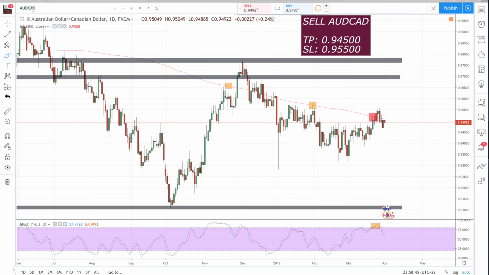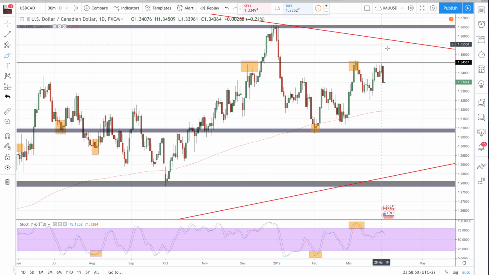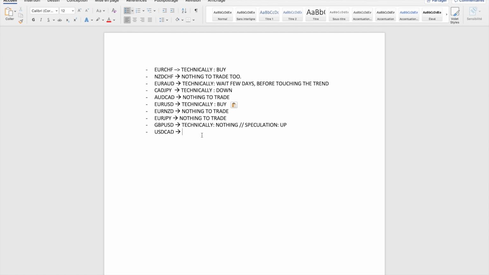Okay, USD/CAD now. USD/CAD is also like we saw over here, it didn't get here because there is no correlation with the stock. But yeah, we saw the same thing, so nothing. So yeah, guys, nothing.